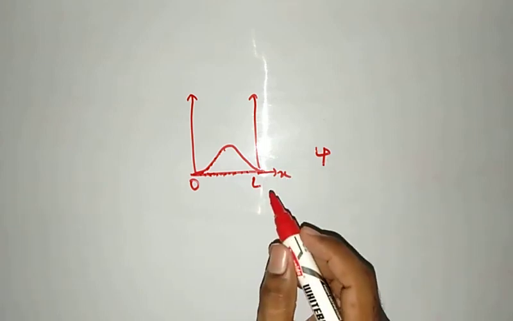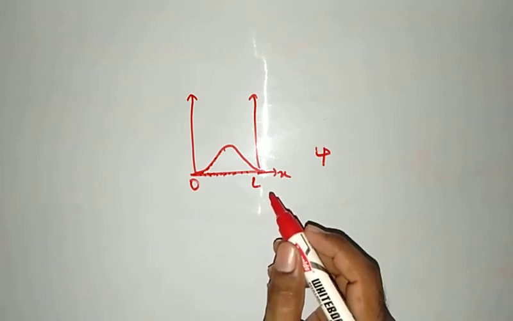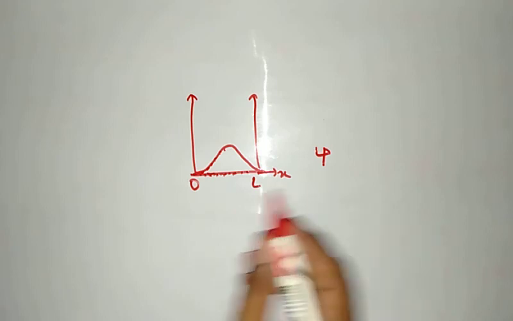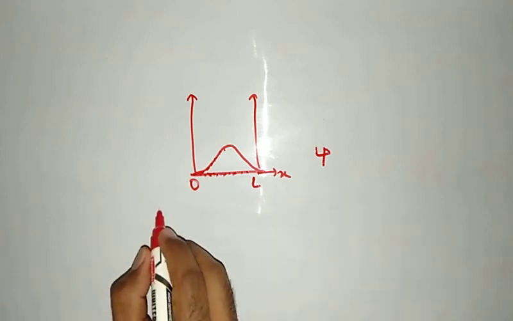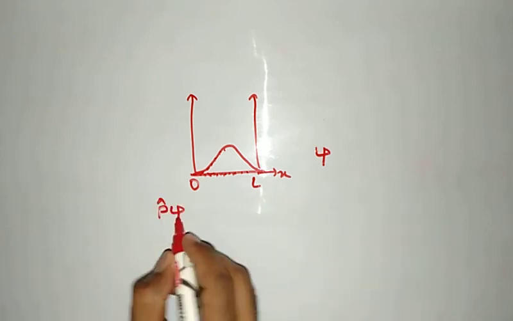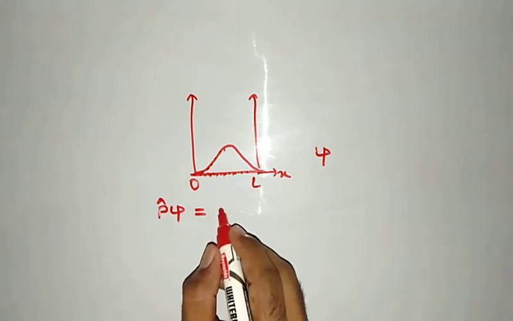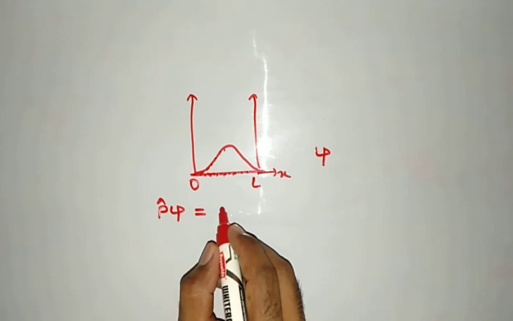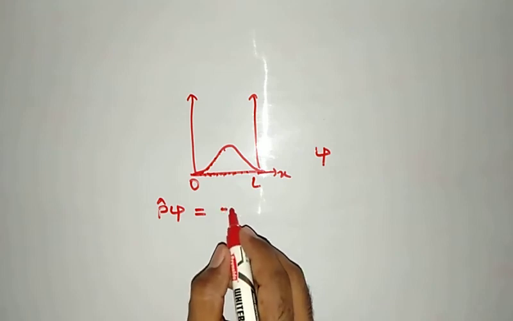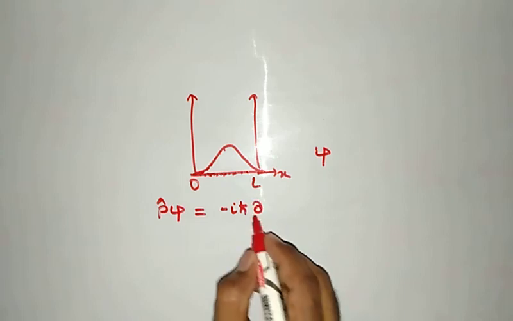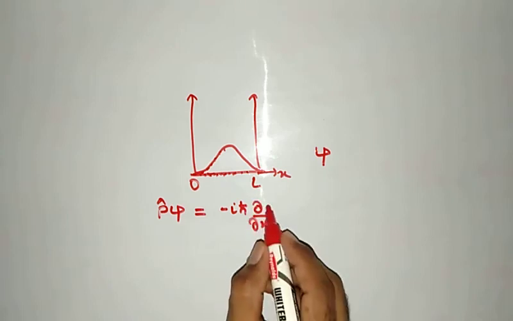So this is the first one, and second, we know that for momentum p, the momentum operator over psi is minus I h cut del by del x psi.